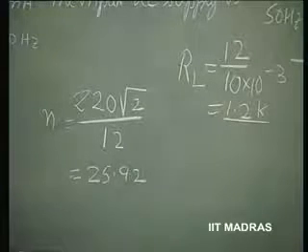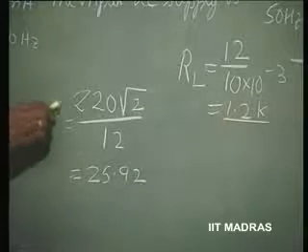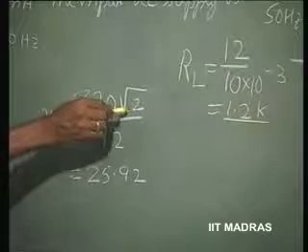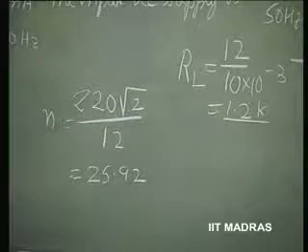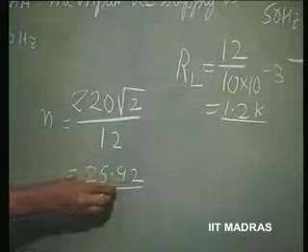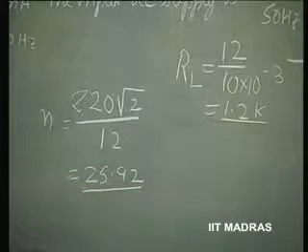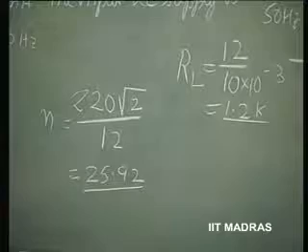That is what we have learnt, and therefore the turns ratio n is equal to 220 volts root 2 divided by 12, which is nothing but 25.92 as the turns ratio you have to select.